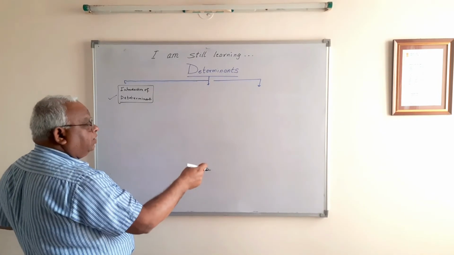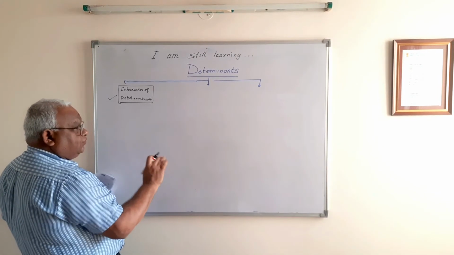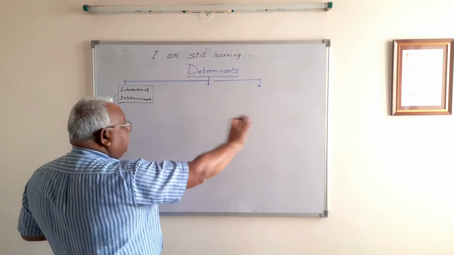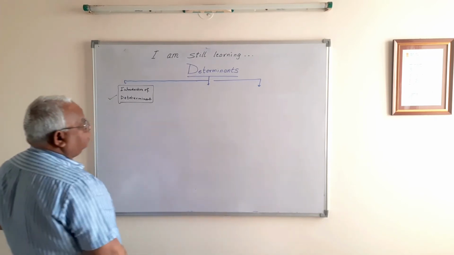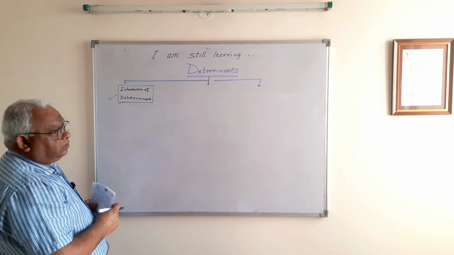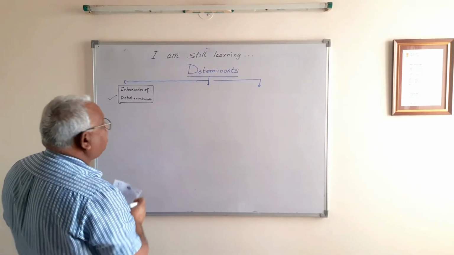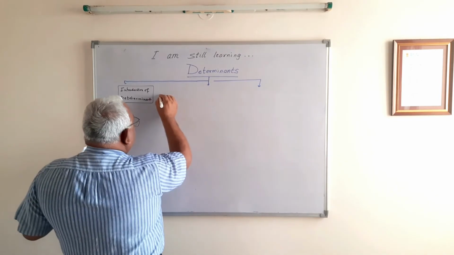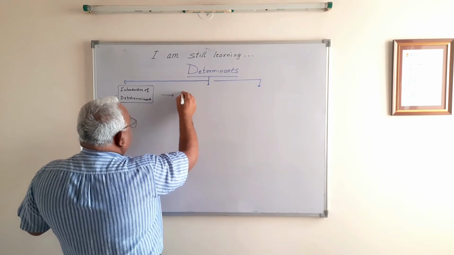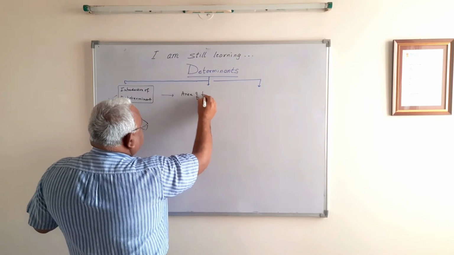Then the second part is properties, which I'll be talking about after completing the whole thing. That I'll be taking towards the end of this determinant topic. So what I will be taking in the second part is area of triangle.